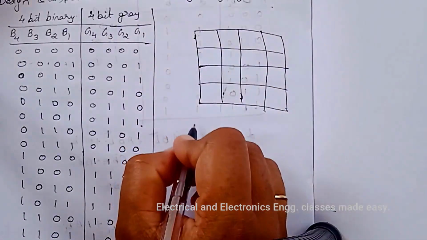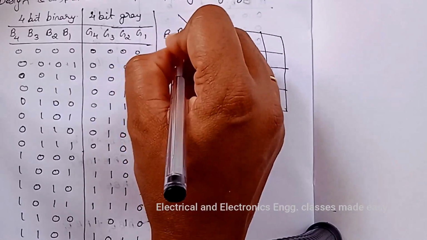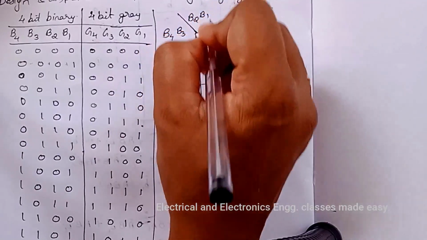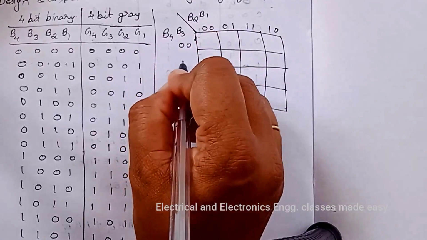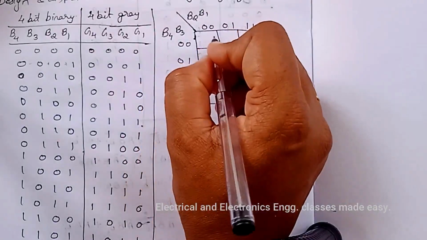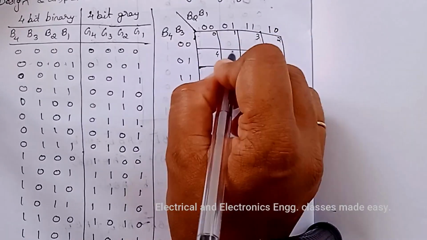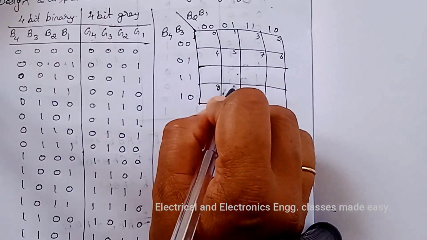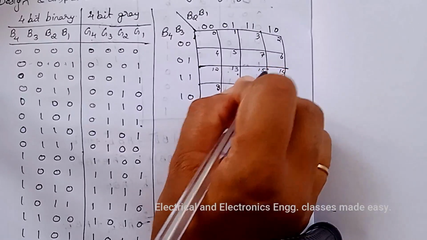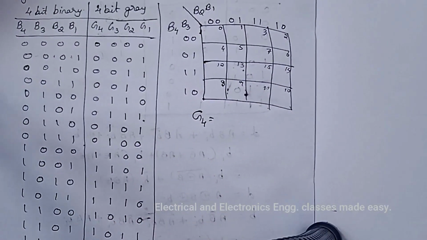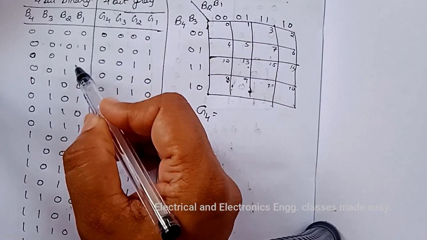Label the rows with B4, B3 as 00, 01, 11, 10 and the columns with B2, B1 as 00, 01, 11, 10. The cells are numbered 0 to 15.